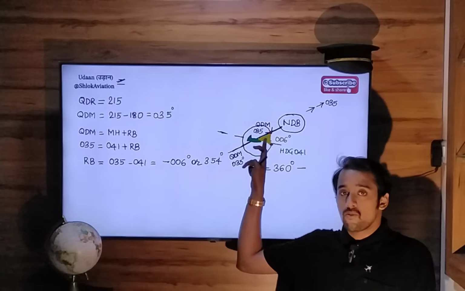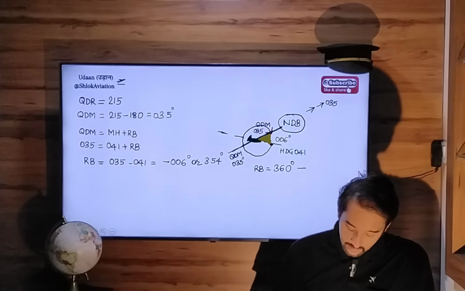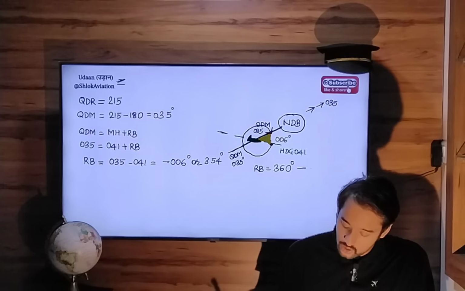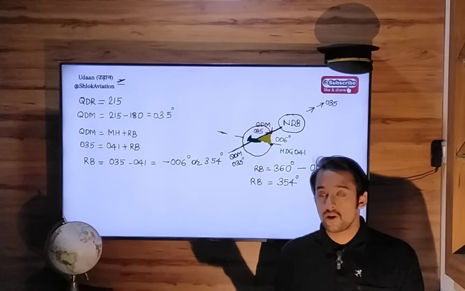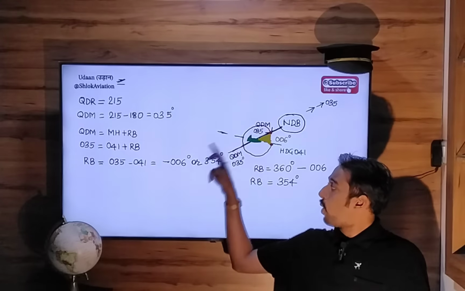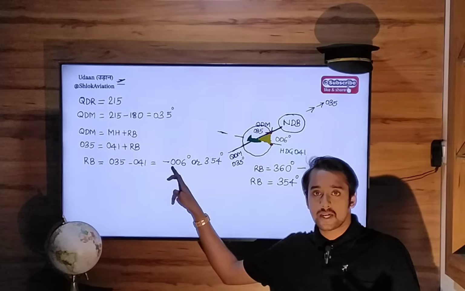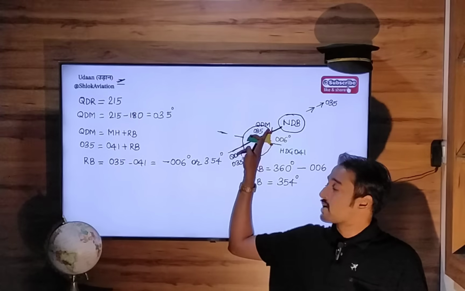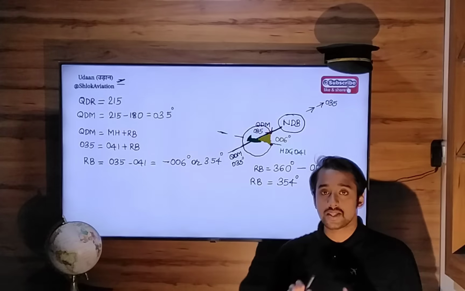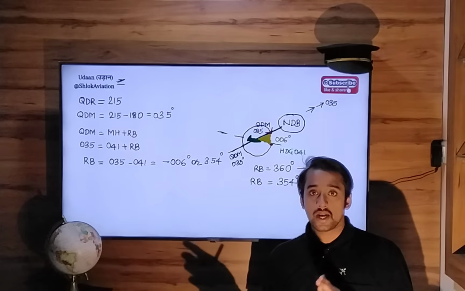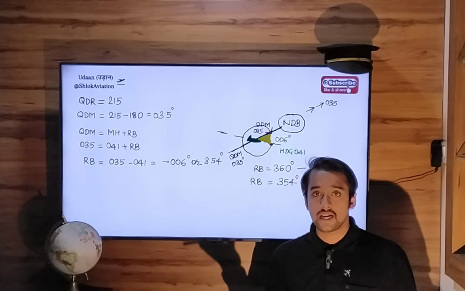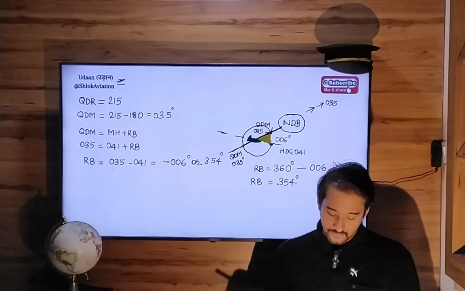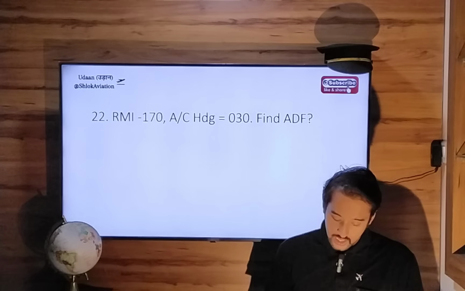The difference between 41 and 35. So relative bearing finally will be 360 minus 006, which is equal to 354 degrees clockwise, or can also be interpreted as minus 6 degrees anti-clockwise. That means the station is 6 degrees to your left hand side, or 354 degrees to your right hand side. Let's go to the next question.